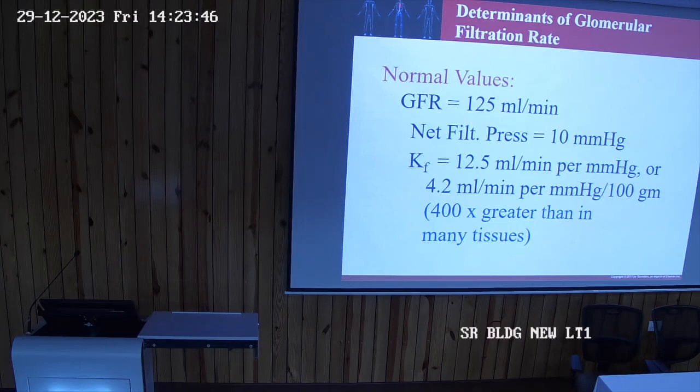So whenever there is fluctuation in any of these pressures, there will be change in the net effective pressure, and when there is change in this, definitely it is going to affect the GFR. But the renal circulatory system has a command over it, whenever there is change in the mean arterial blood pressure.